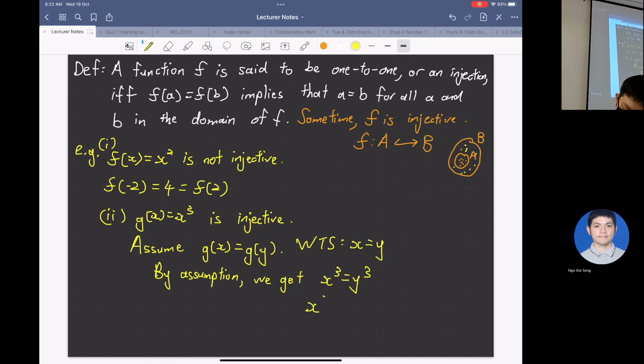x cubed minus y cubed equal to 0, and then open, factorize. How to factorize?